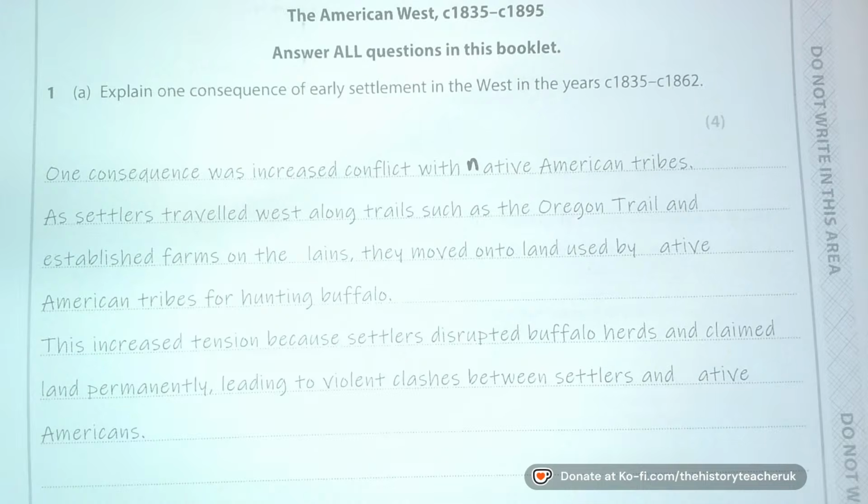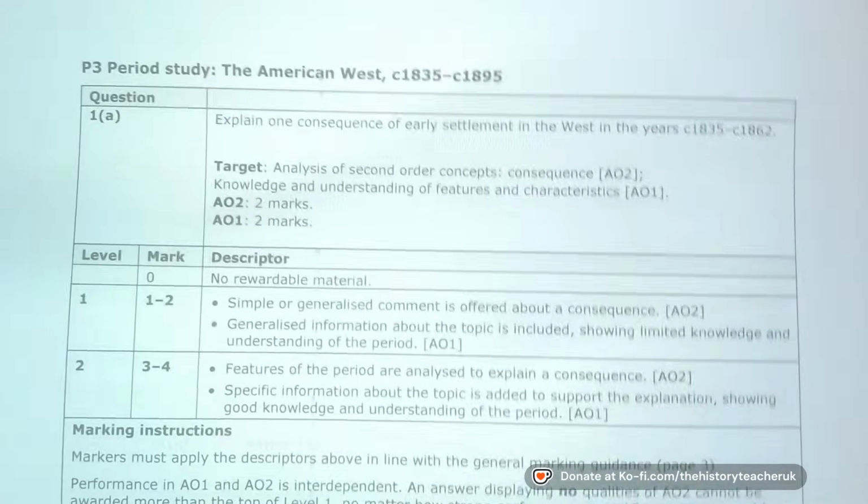Right, okay. So, yes, this is an entry level question, and it's only 4 marks. Now, the mark scheme just asks you for, let me just grab the mark scheme. Here we go.